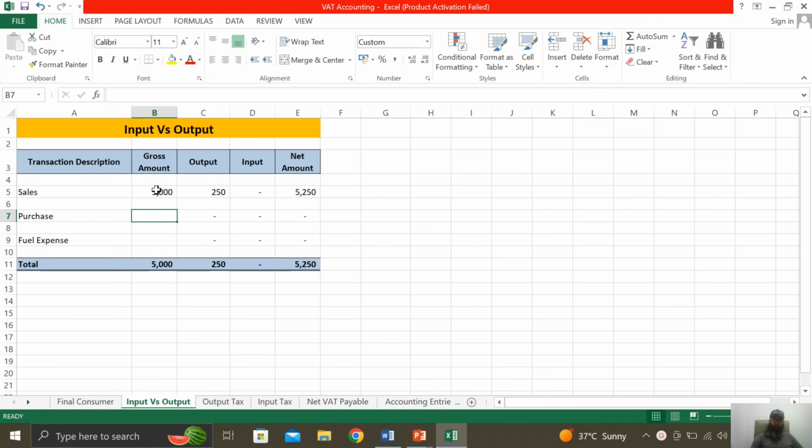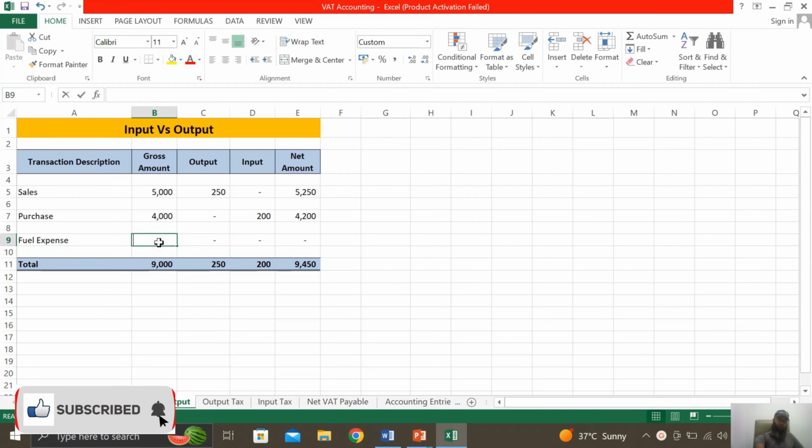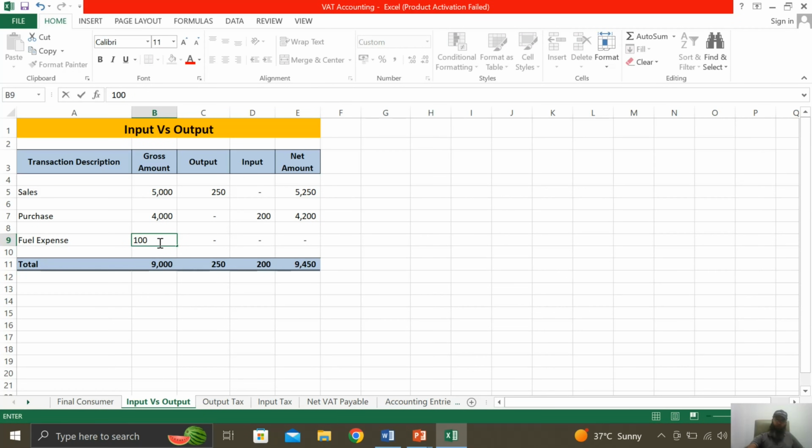The item they sell for 5,000 they purchased for 4,000 from the market, and after keeping their margin they sell it, and there is also 100 dirham they have spent on fuel.